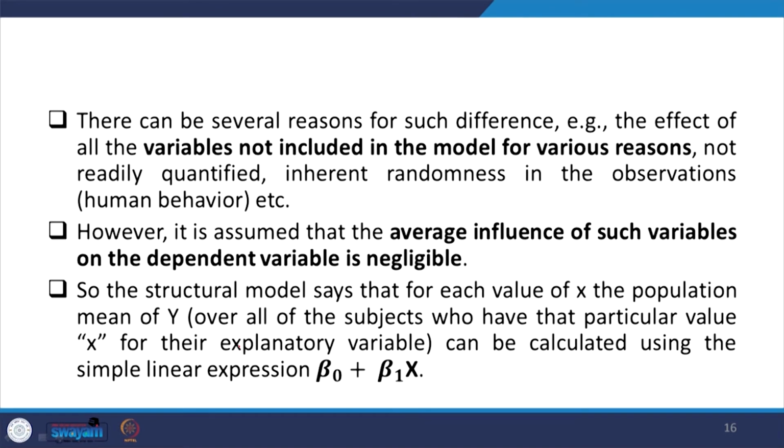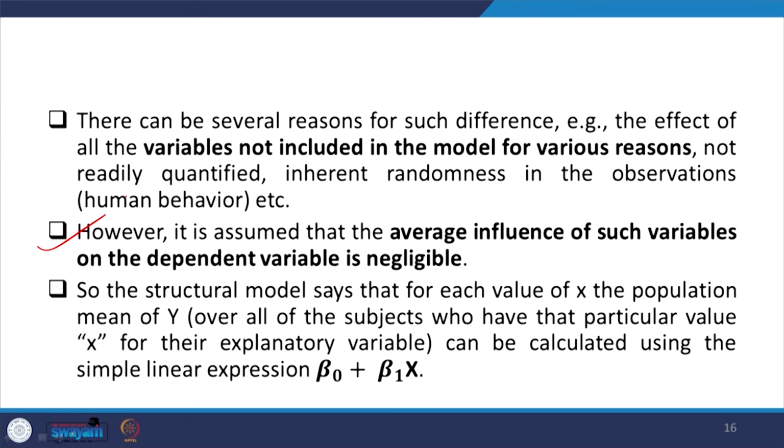However, it is good to assume that the average influence of such variables on the dependent variable is negligible. If that impact is not negligible, then it will create disturbances to the model. So, the average disturbances should actually be negligible, that is one of the important assumptions to be made in all the models.